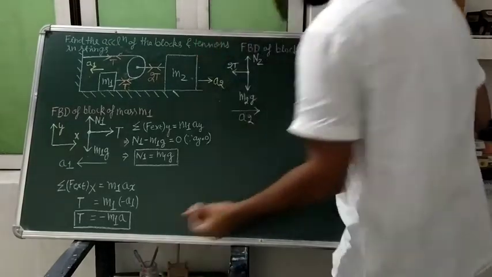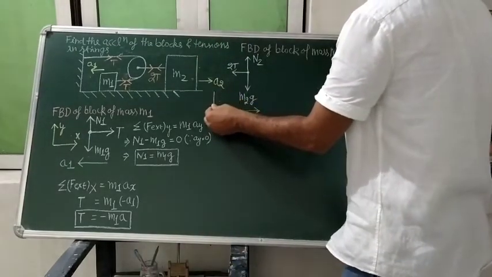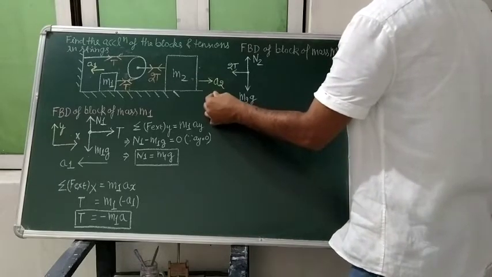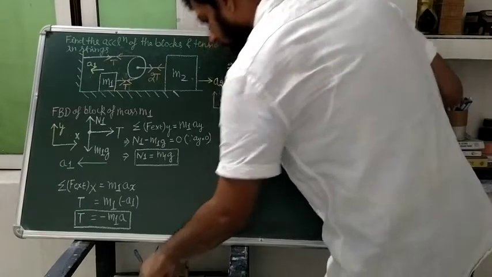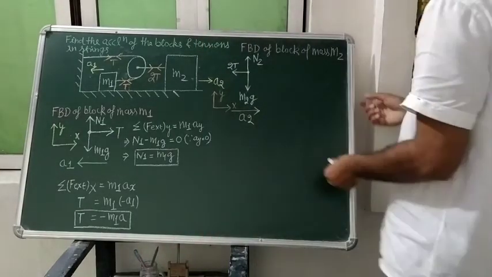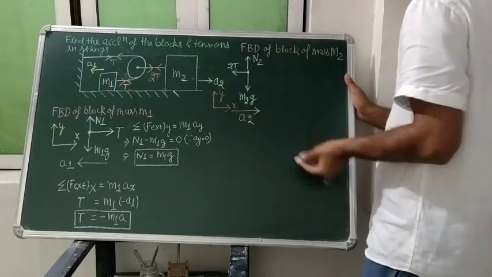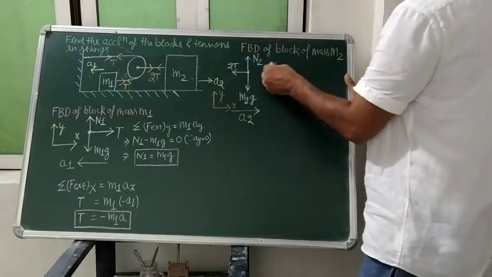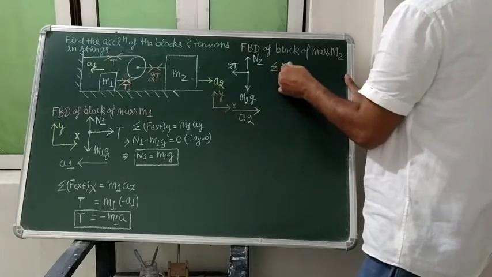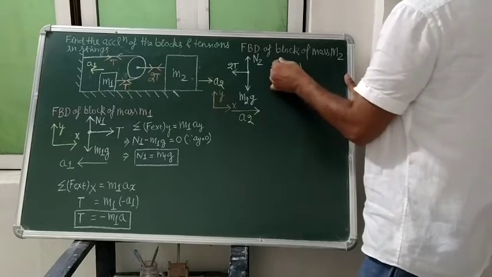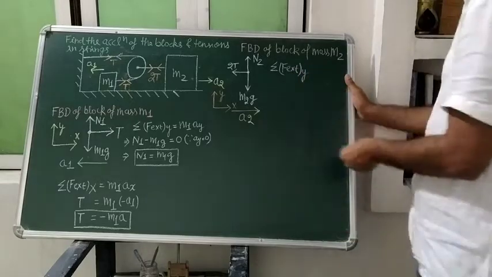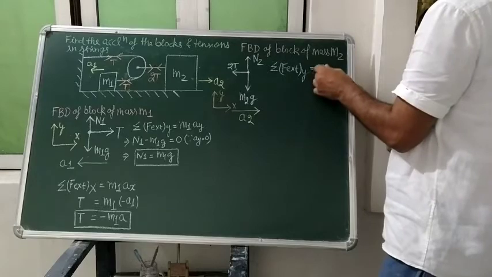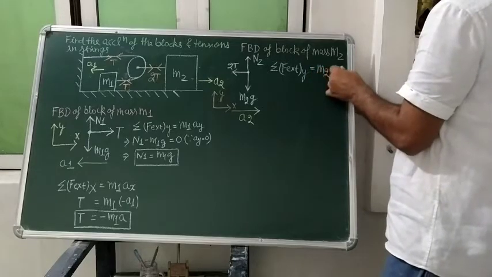And now we select the coordinate system. Suppose this one is our x-axis, this one is our y-axis. First we are selecting y direction, so the vector sum of the external forces in y direction should be equal to what? The mass of the block is m2 and the acceleration in y direction.